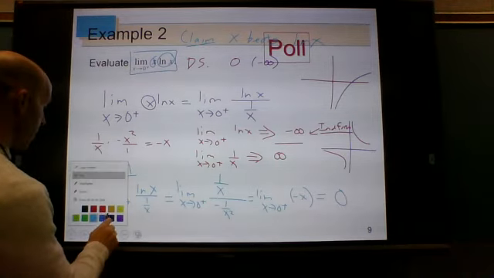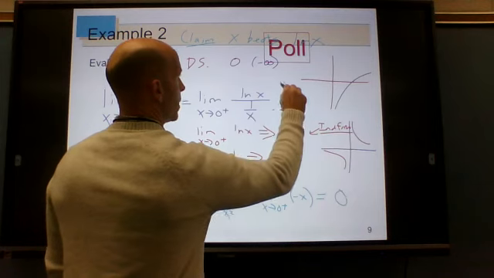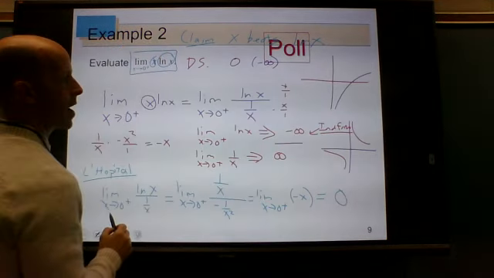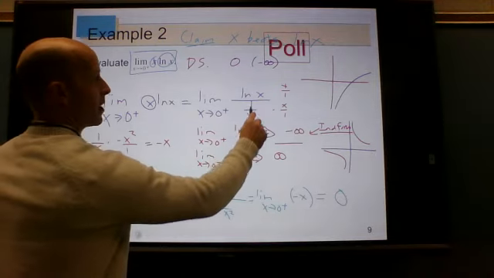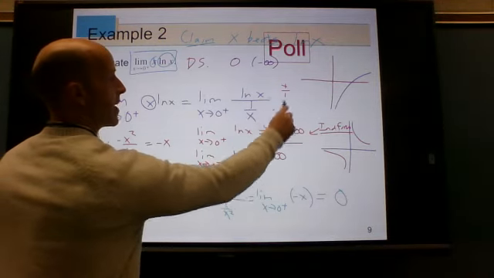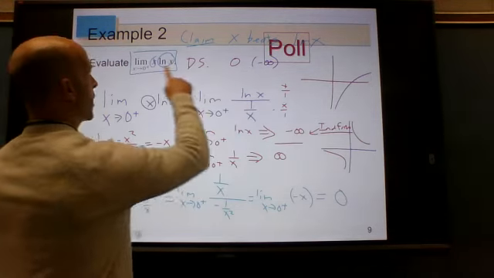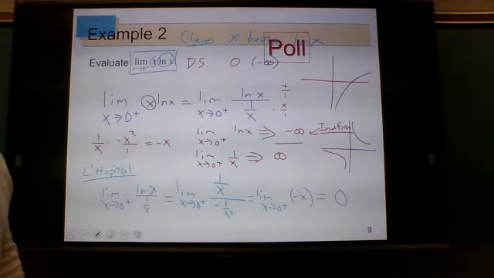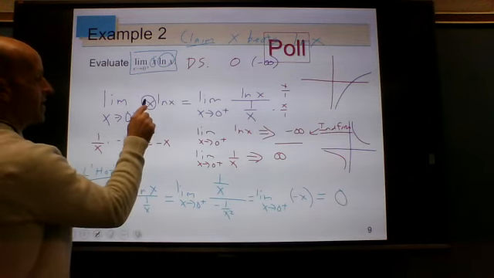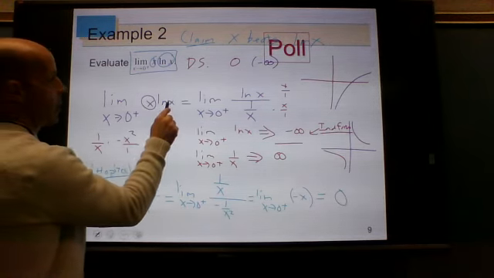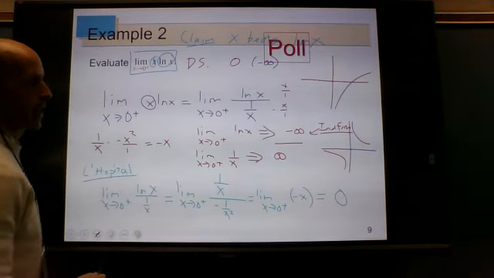If I multiply this by x over 1, you with me? The reciprocal of 1 over x is x over 1. So if I multiply this, now the denominator is 1, correct? The numerator is now x over ln of x. So x times the ln of x is equivalent to the ln of x divided by 1 over x.